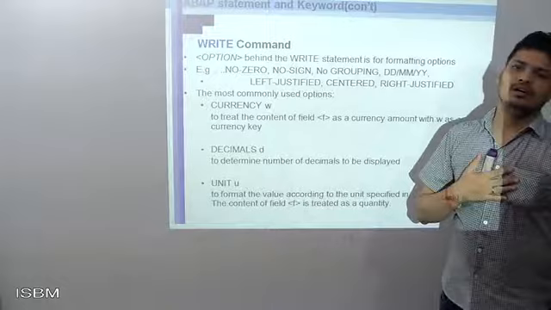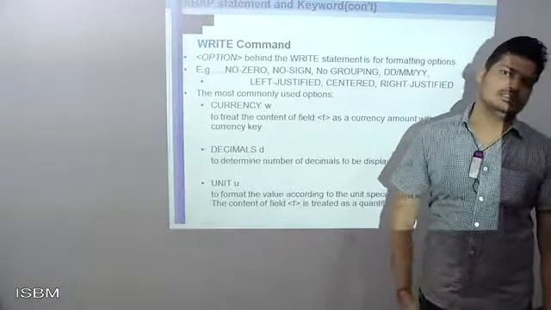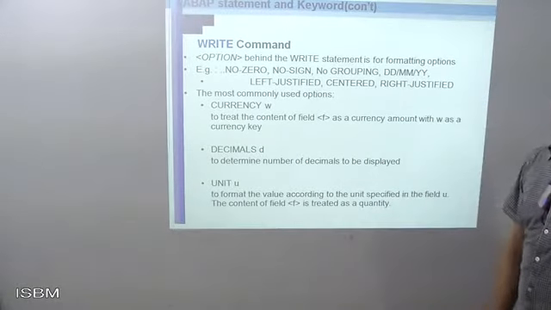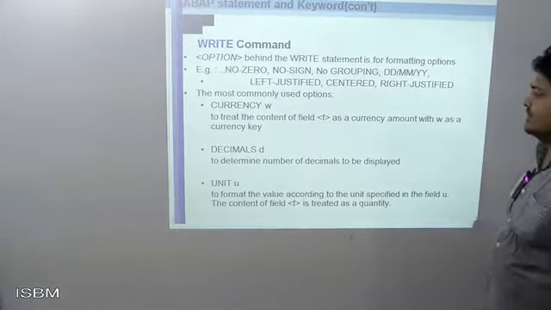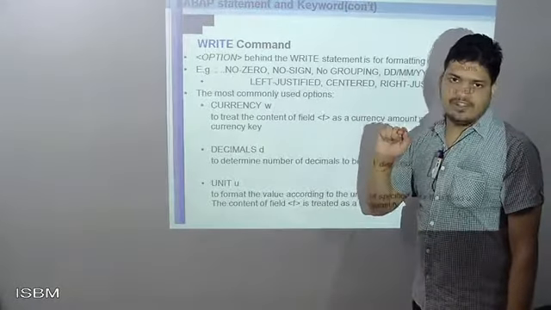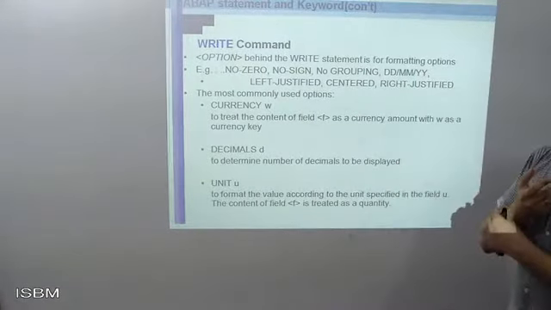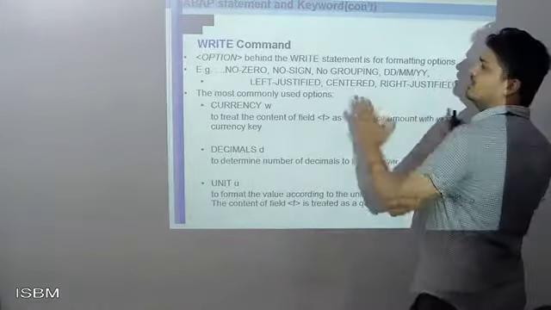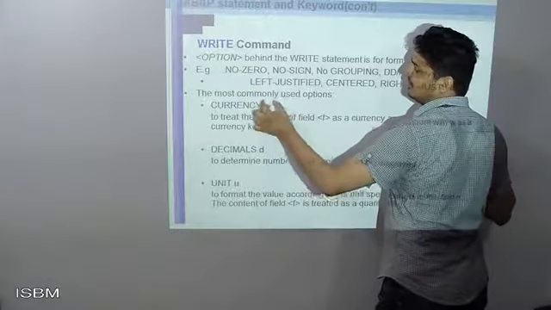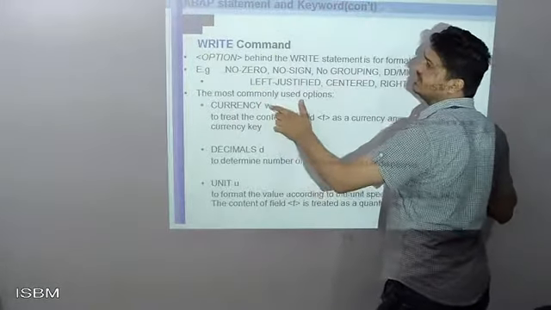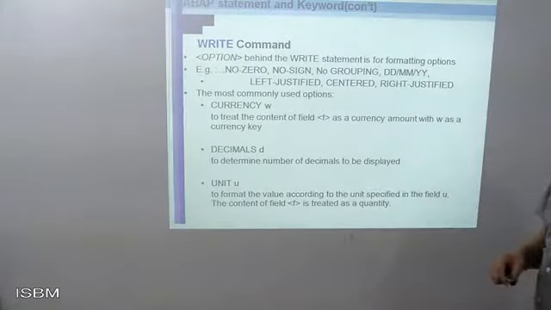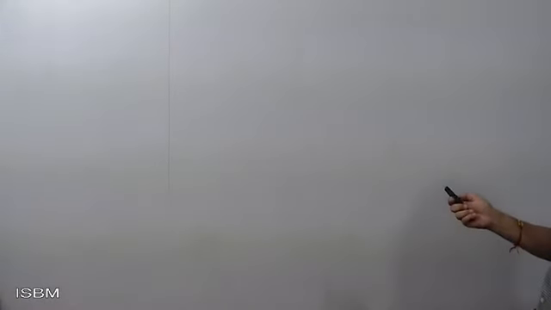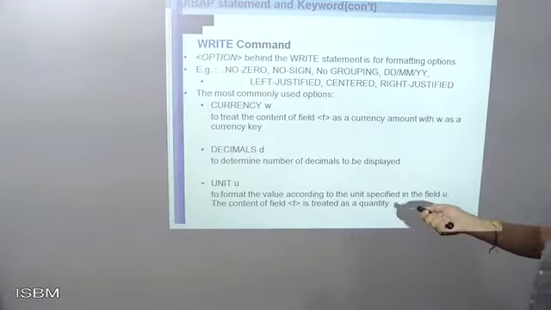But if you want to write the same amount for some other country, like the US, or I can give you the example of Taiwan, in Taiwan the comma is different, they use a different format. So while writing, the amount needs to be moved with the help of the write command to that particular currency. So we have to write here currency TWD. TWD is the Taiwan currency key. So we have to write it that way.